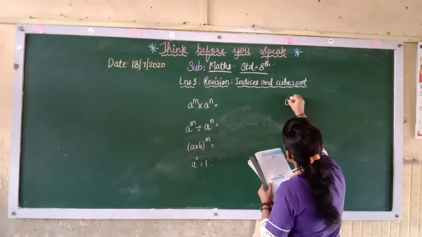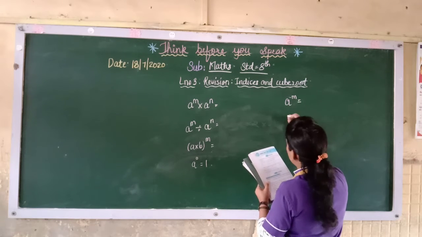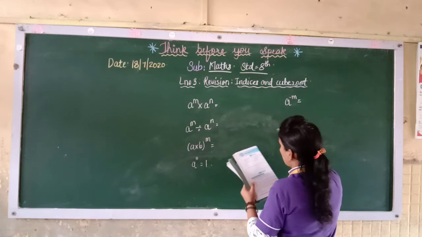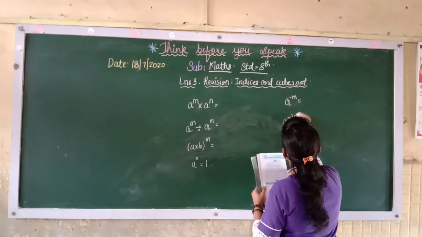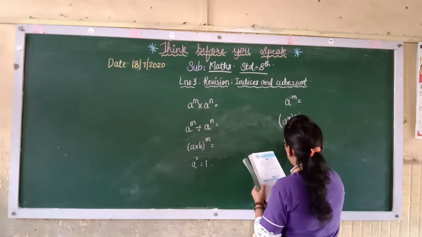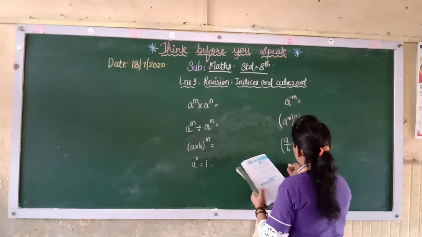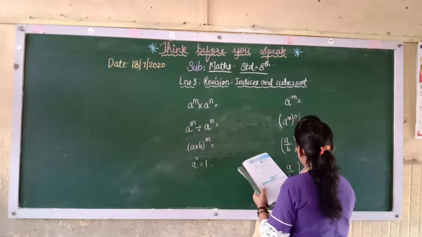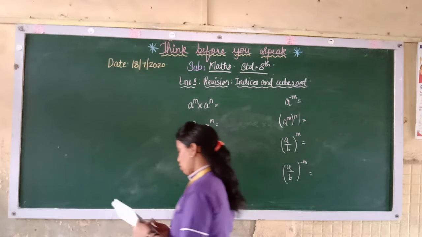Then a raised to minus n is equal to 1 upon a raised to n. Then a raised to m whole raised to n. Then a upon b raised to n and a upon b raised to minus n. So these are the laws of indices.